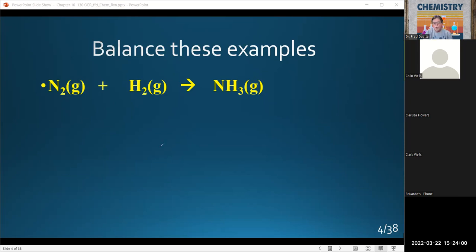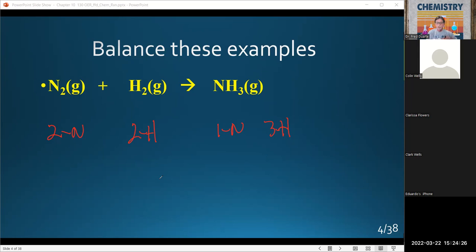So let's find out where we are at first, okay? We have 2 nitrogens on the reactant side and 2 hydrogens total on the reactant side. And we have 1 nitrogen on the product side and 3 hydrogens on the product side. So you can see right away that nothing is balanced here, okay?